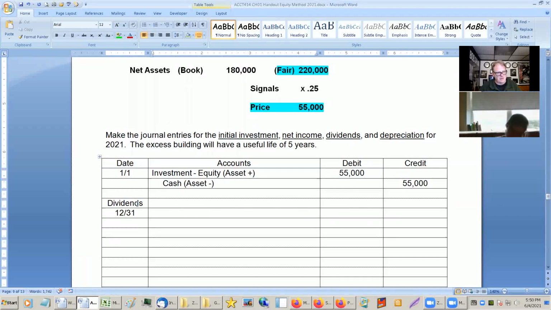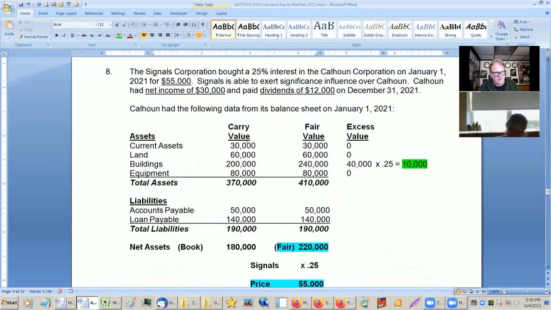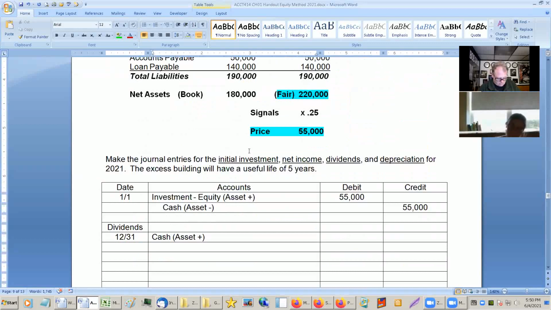They received cash, and again, that is for 12,000 times 25%.